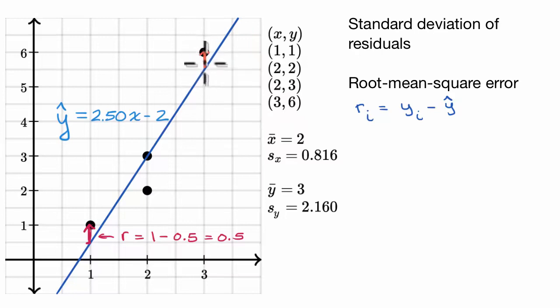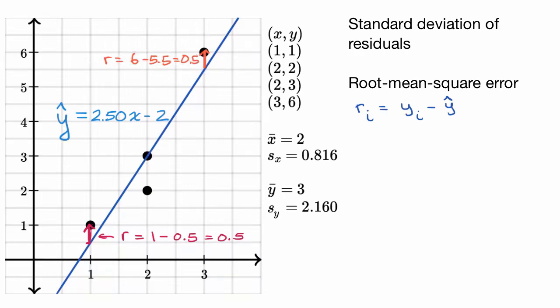And once again, when x is equal to 3, the actual y is 6. The predicted y is 2.5 times 3, which is 7.5 minus 2, which is 5.5. So here I'll write residual is equal to 6 minus 5.5, which is equal to 0.5. So once again, you have a positive residual.